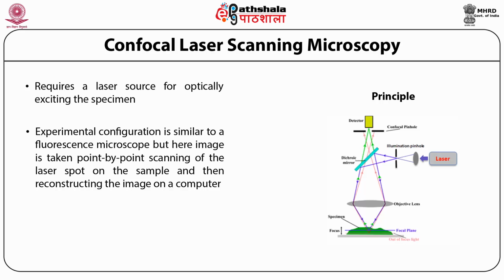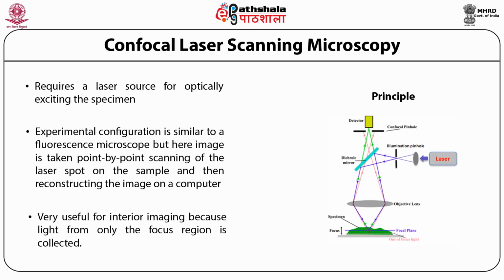So confocal microscopy is very useful for interior imaging, because one is able to image points below the surface as well as light only from the focus regions is collected.